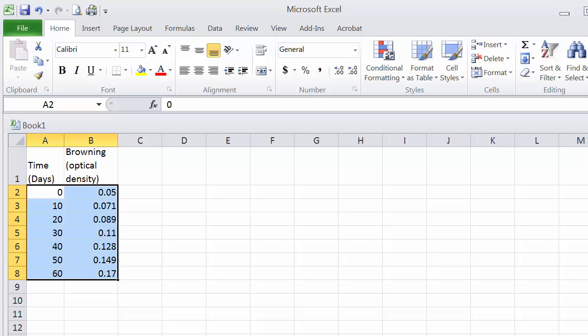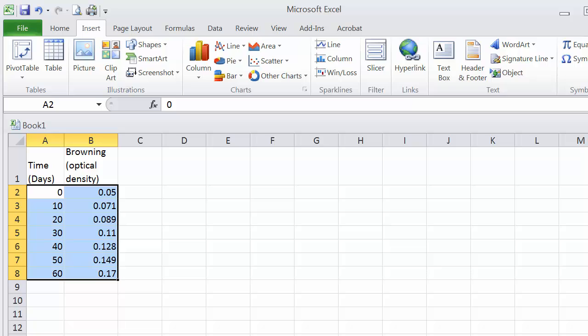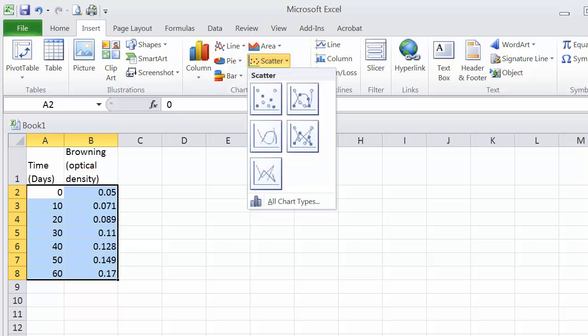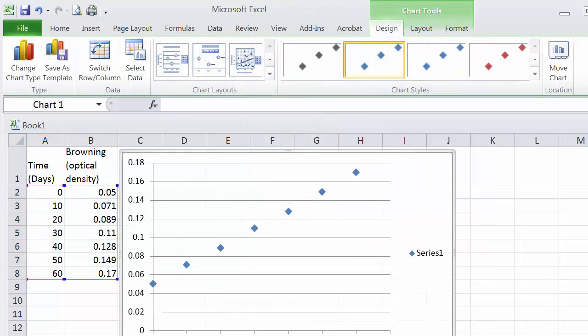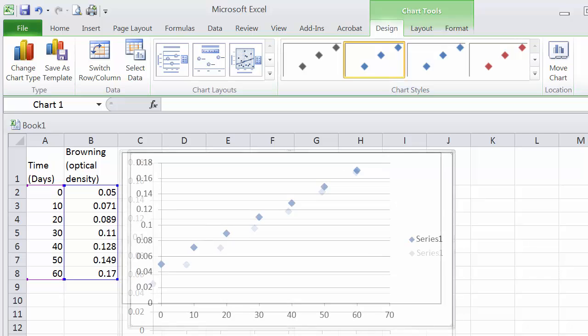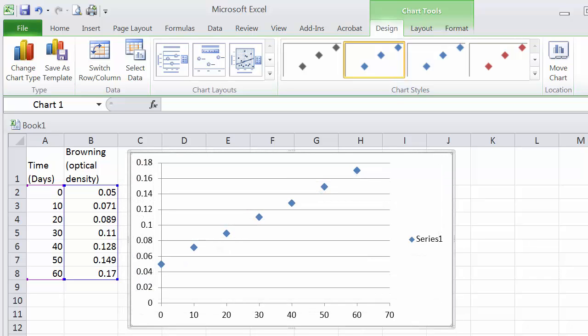So the first thing we will do is highlight the experimental data, which is in cells A2 through B8, and then we will insert a scatter diagram, and we will observe that the experimental data now is plotted on the scatter diagram.